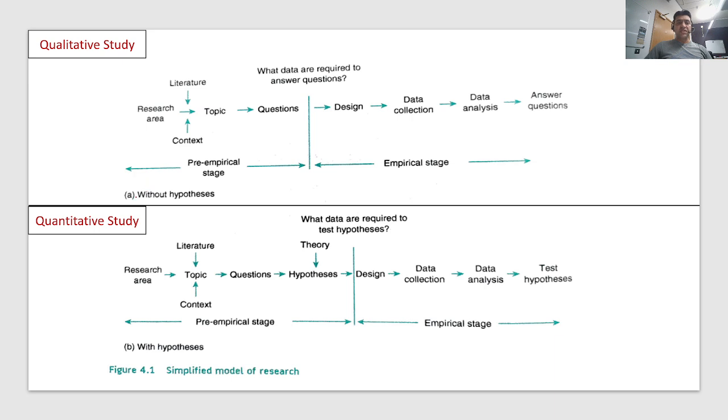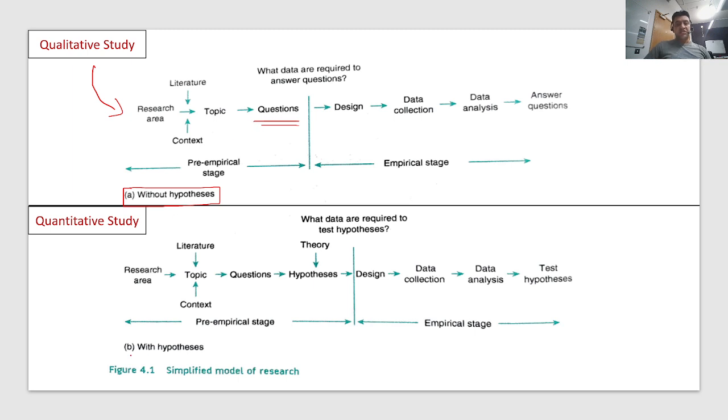Now we've also seen that studies in which we are not using any hypotheses are qualitative studies. In these studies, you usually collect data using interviews or observations or other methods which are not in numbers. We'll talk about this more in our next lecture, which is lecture 3.